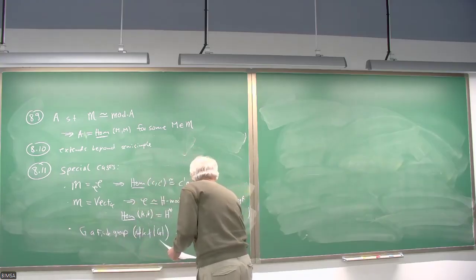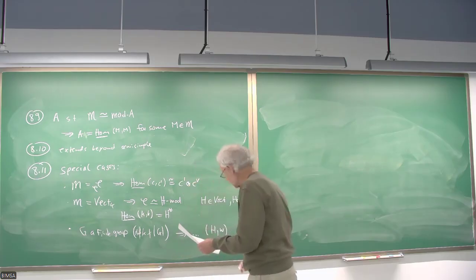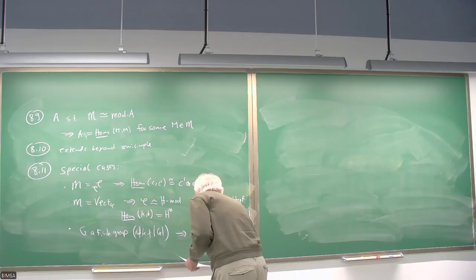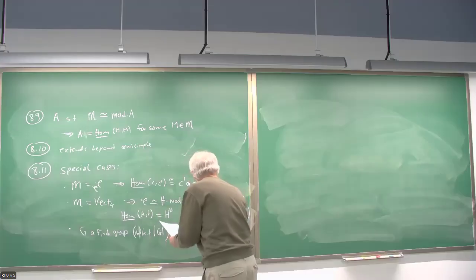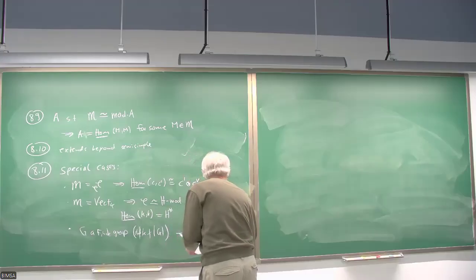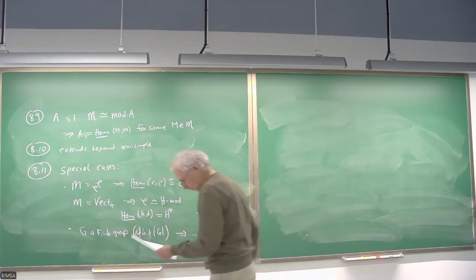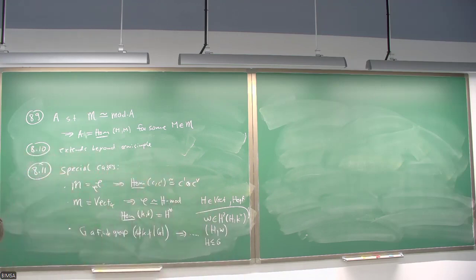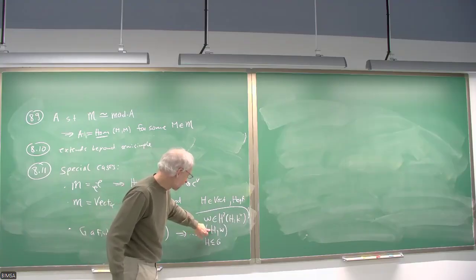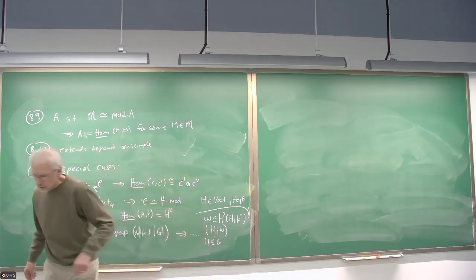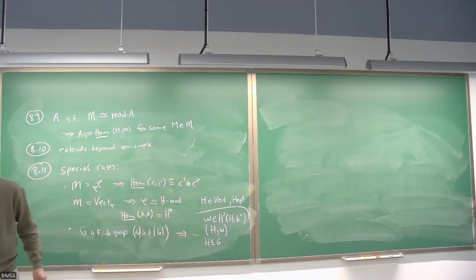You have a classification where you have subgroups of G together with a cohomology class on that relevant subgroup. And also, there is an equivalence relation: if you have (H, ω) and (H', ω'), they give you the same module category if and only if they are related by the adjoint action of the group.